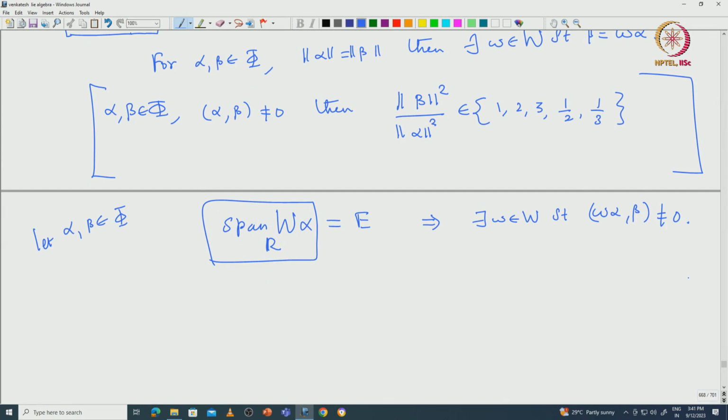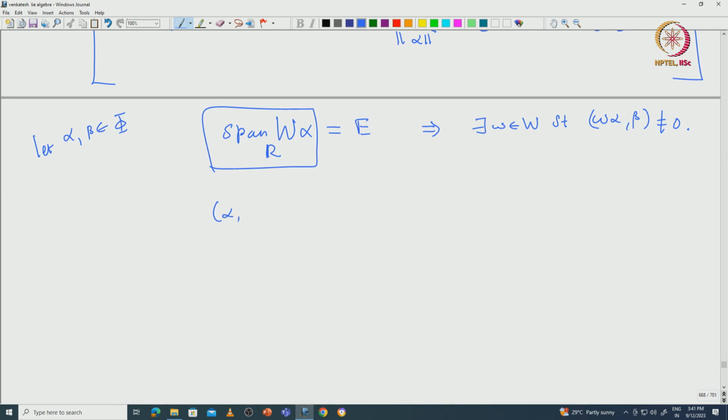That is a contradiction, because beta is non-zero, since it is a root. So, we got some W conjugate of alpha such that the inner product of w alpha and beta is non-zero. Now, note that the inner product alpha alpha is the same as the inner product w alpha w alpha.